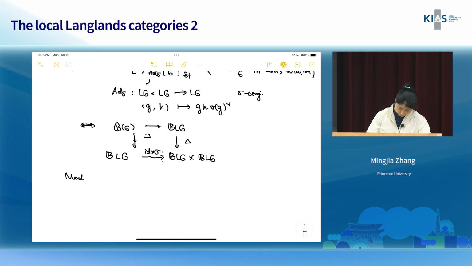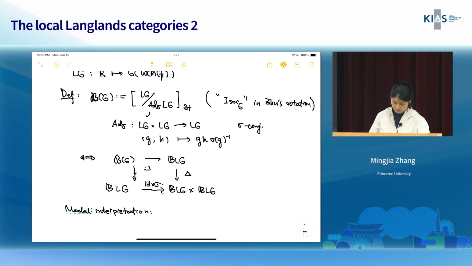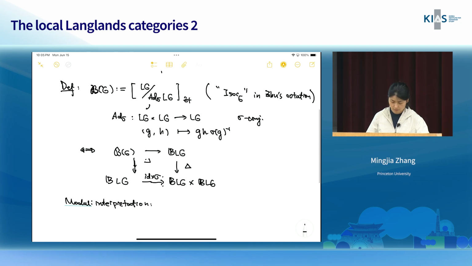And this remark, why this is slightly different from the moduli stack of G-isocrystals, is that you can easily see there is a moduli interpretation of this construction.